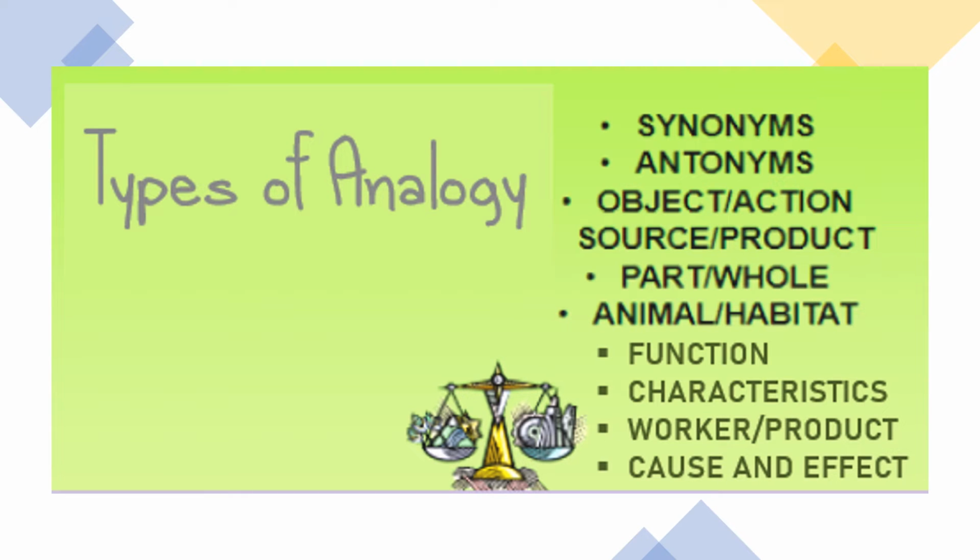Types of analogies can be synonyms, antonyms, object to action, source or product, part to whole, animal to habitat, function, characteristics, worker to product, and cause and effect.